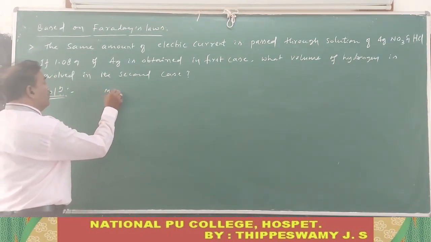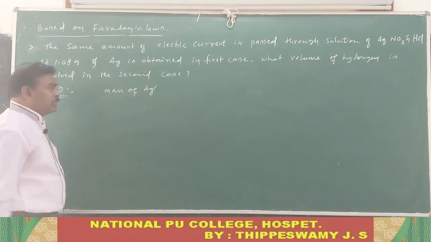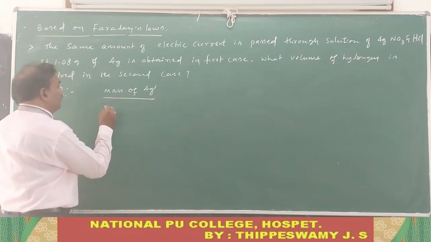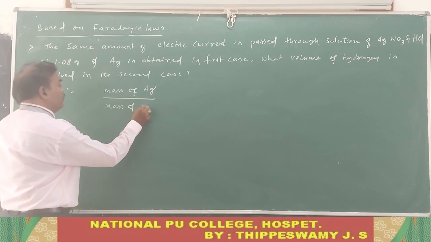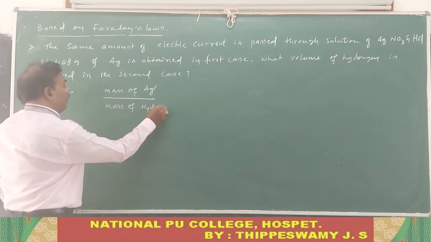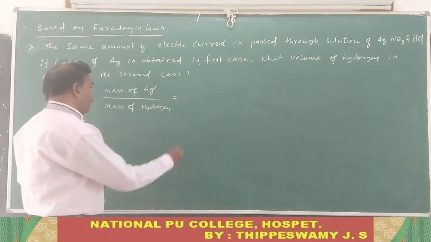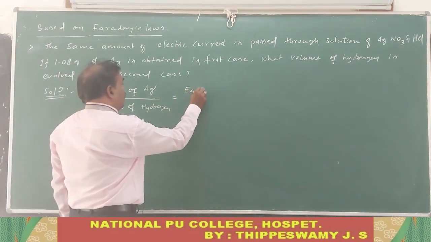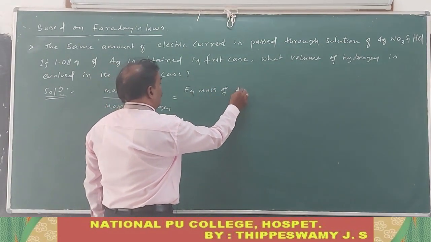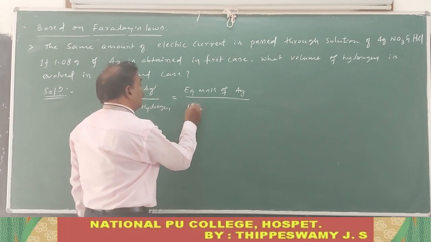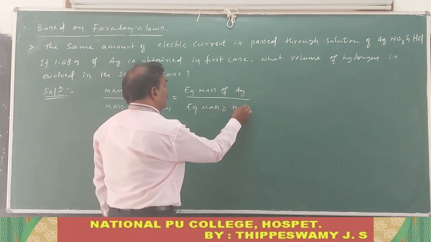Mass of silver deposited divided by mass of hydrogen is equal to equivalent mass of silver divided by equivalent mass of hydrogen.